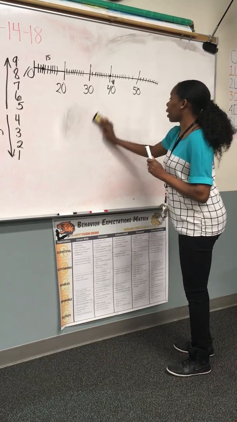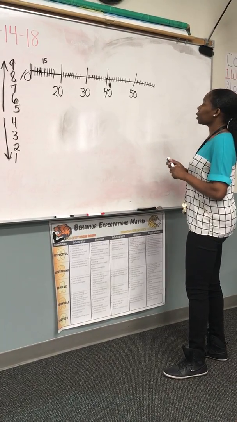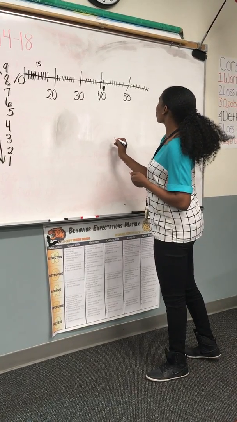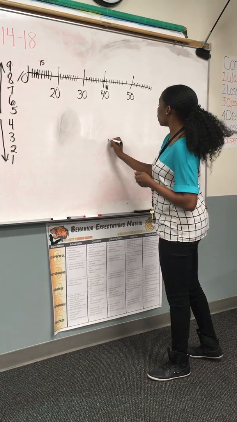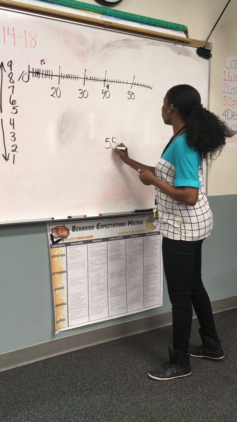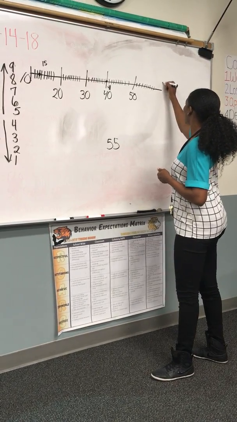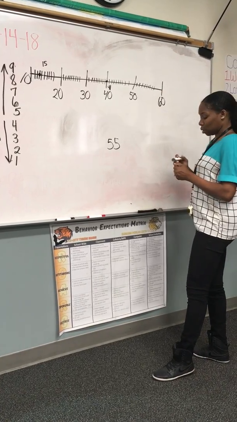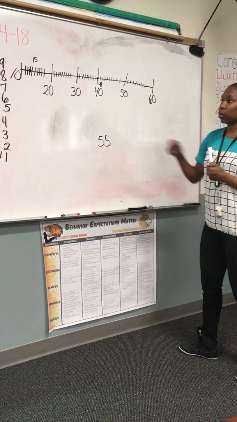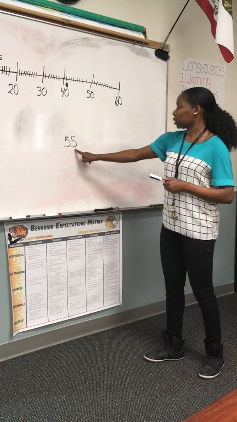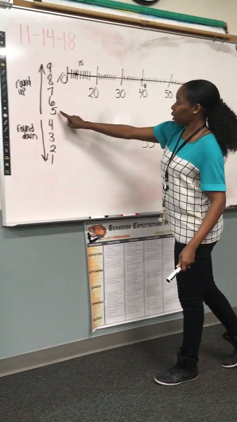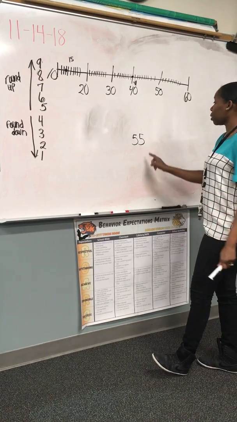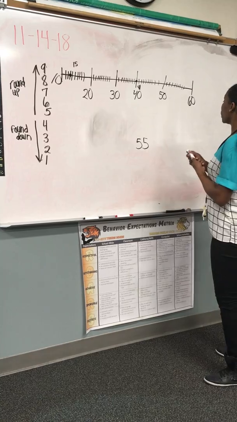Okay, so let's try 55. And this is 60. So look at this number again. What do you think it is? Based off the number that's in the tens place and this chart over here. That's right, we're going to be rounding up because 55 is the midpoint.